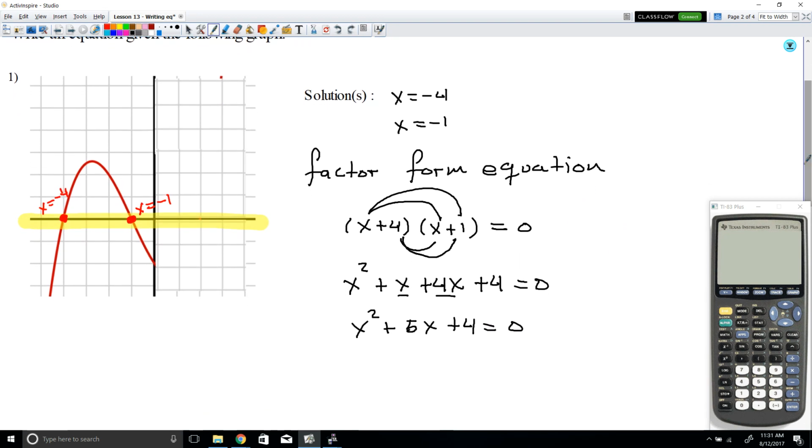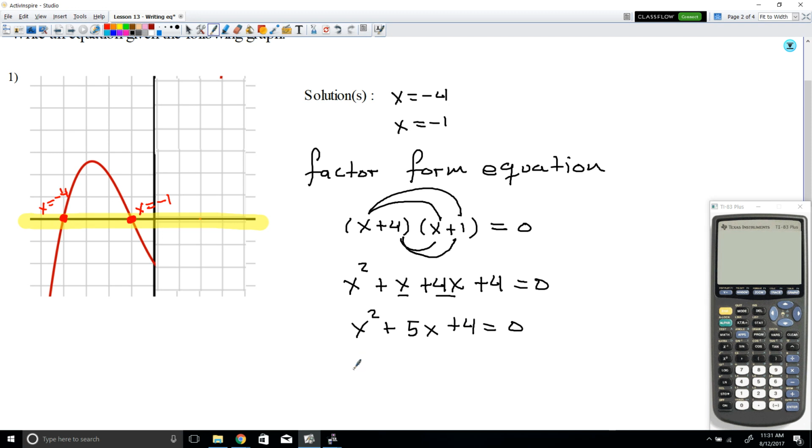Again, this is a 5, it just was not written nicely here. If you were to graph this, you would get this equation. Some people might leave it like this: x squared plus 5x plus 4 equal to 0.